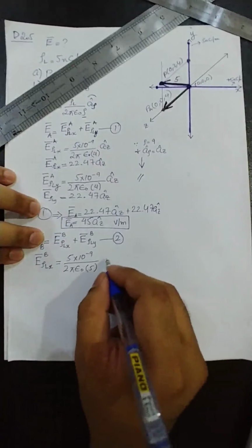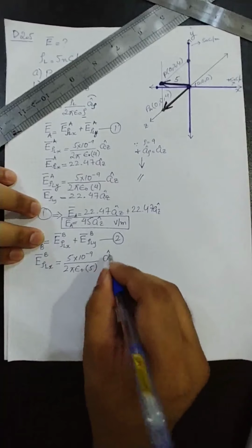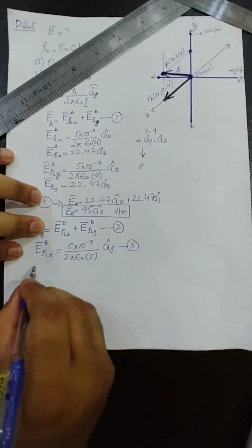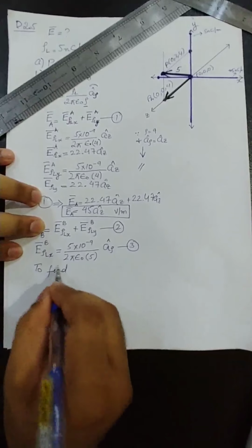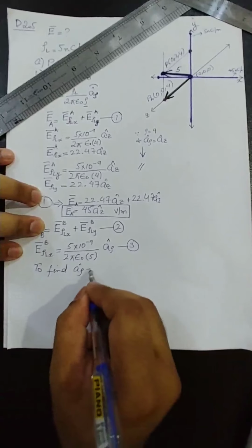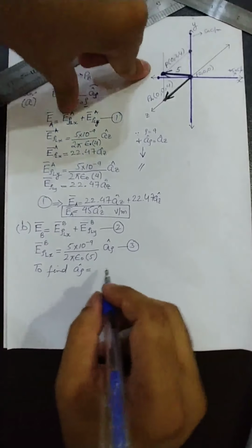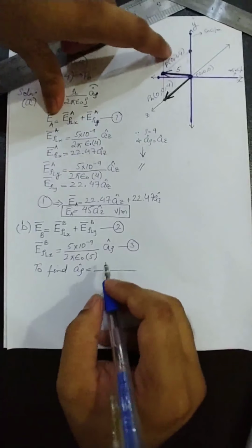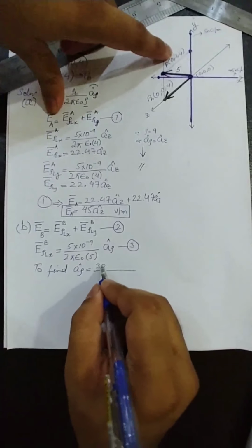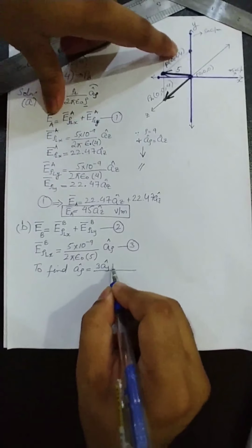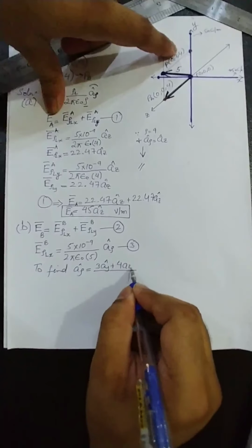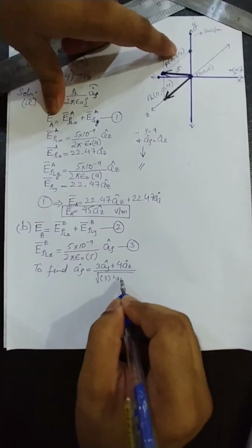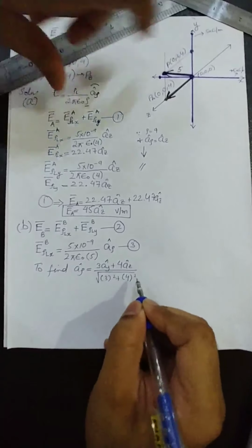We can see that the arrow is this, and to find a rho we need to solve (0 minus 0) ax plus (3 minus 0) ay plus (4 minus 0) az, divided by the square root of 3 squared plus 4 squared.